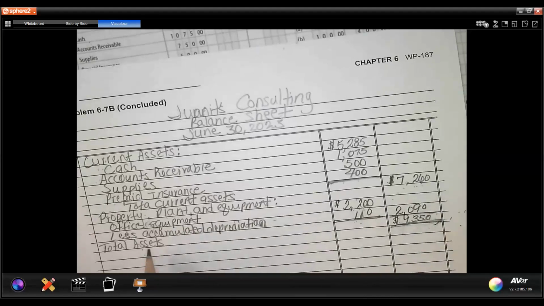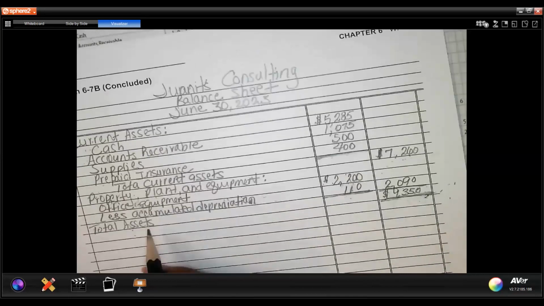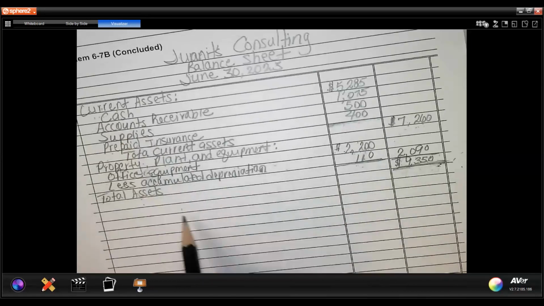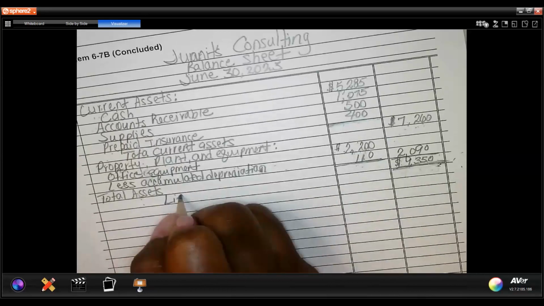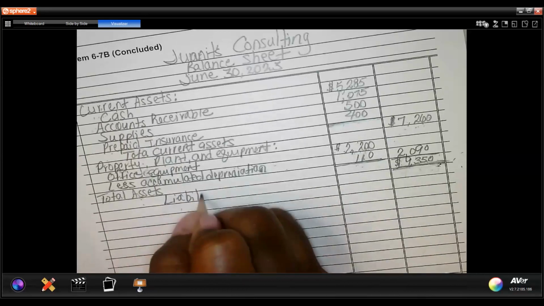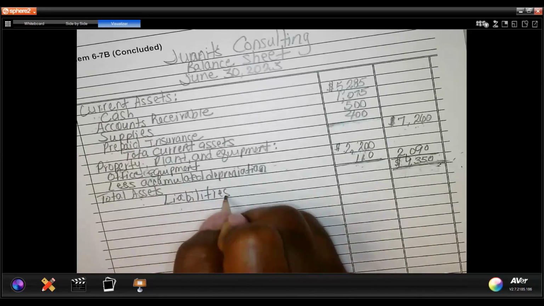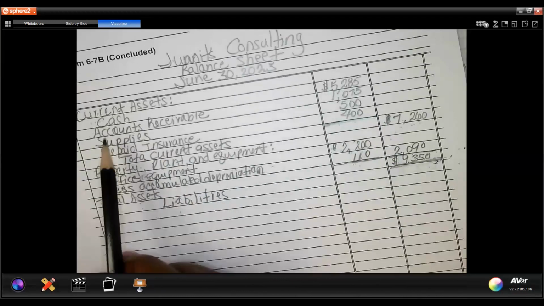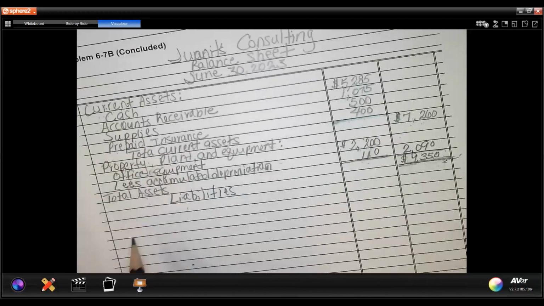So now let's continue our balance sheet. Remember, we recorded our current assets up here. Now let's move into our liabilities. We're going to just record that on our next line, where we're going to write in our header here. And then again, just like current assets, we're going to list our current liabilities.